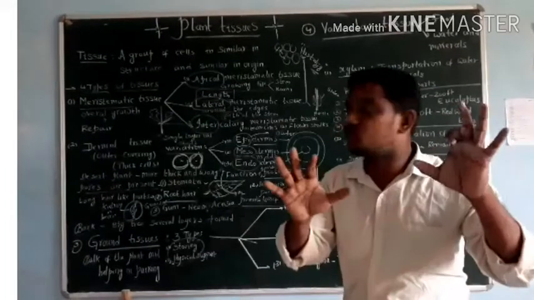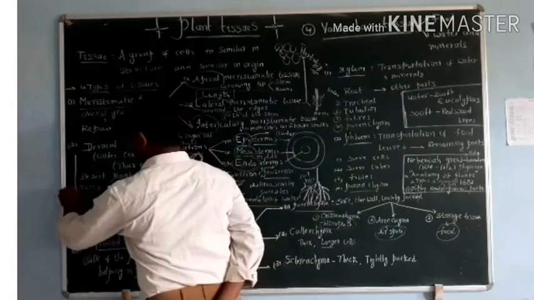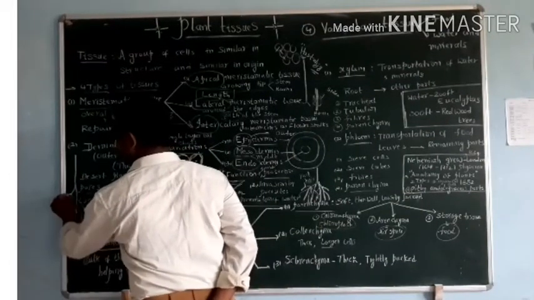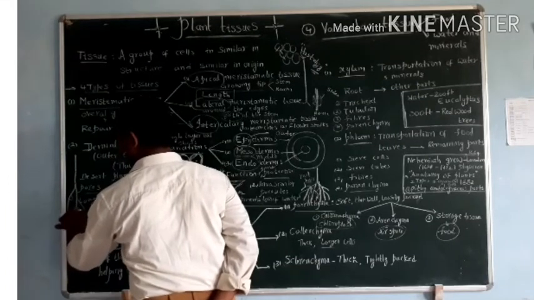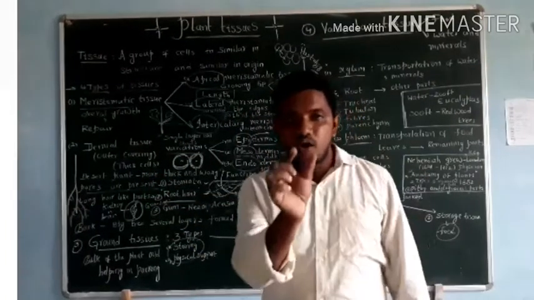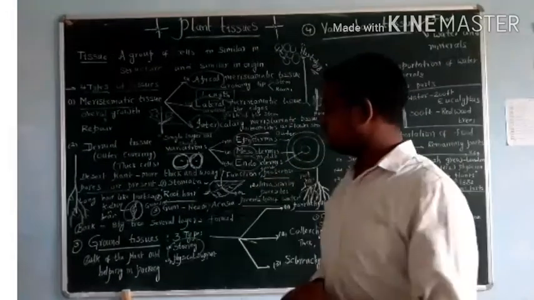Those are called root hair. On the root, these are small, long, hair-like structures, called root hairs.